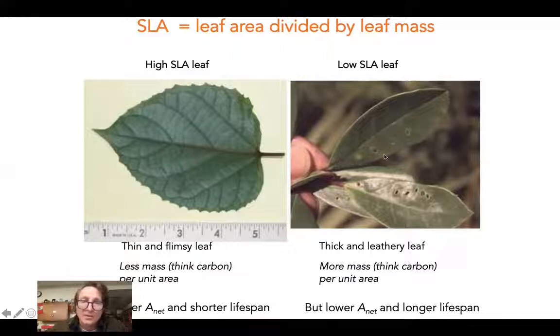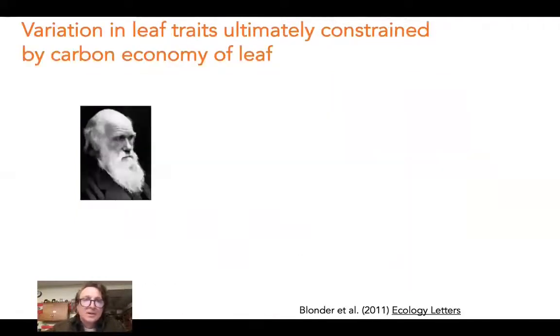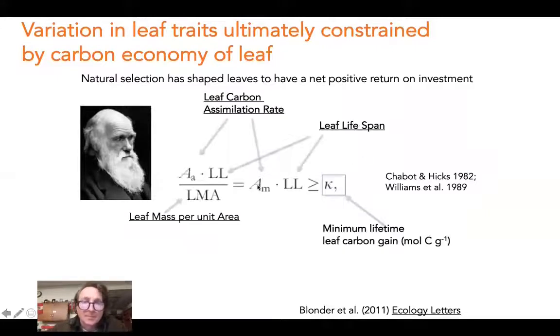So why do we see these differences? Why do we see a set of traits all associated with these fast traits and then slow traits? This is known as leaf economics. I want to end with just a brief introduction to leaf economics, and this is the only equation I'm going to show in this lecture today.